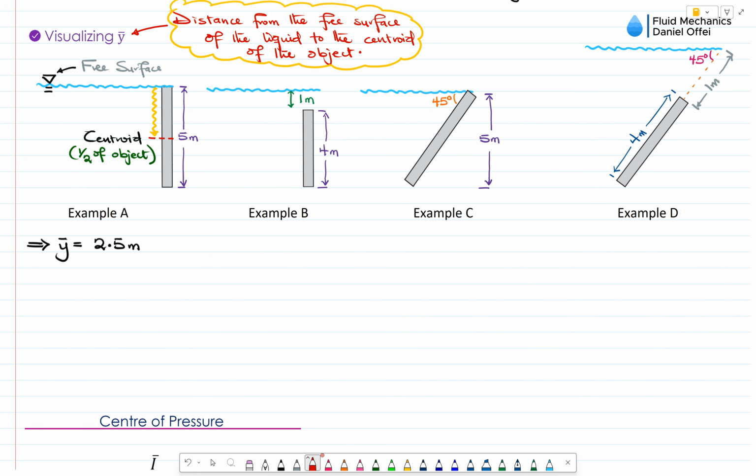We have an object that is 4 meters long. Now the centroid of this object will be at the 2-meter height, but y bar is from the free surface to the centroid. So we are going to add the 1 meter to the 2 meters, making up 3 meters for the y bar.